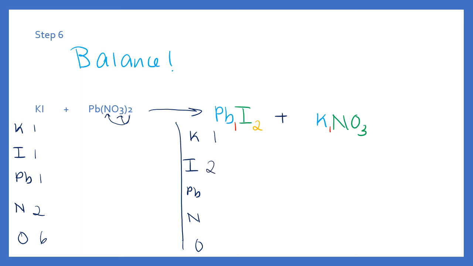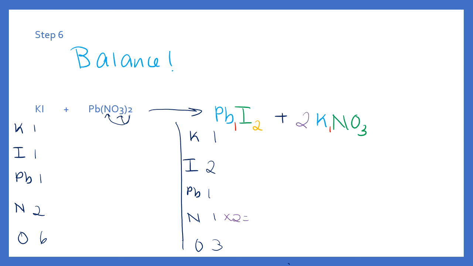K is 1, iodine is 2, lead is 1. Oh, weird. Changing colors on me. Lead is 1, nitrogen is 1, oxygen is 3. So nitrogen is 2 on my reactant side and 1 on my product side, so I think it makes most sense to multiply by 2.